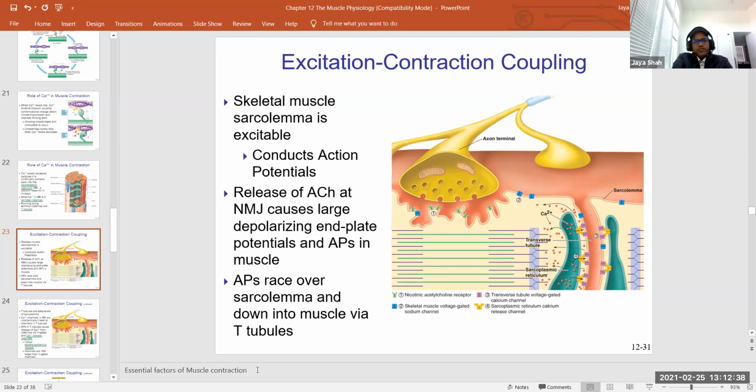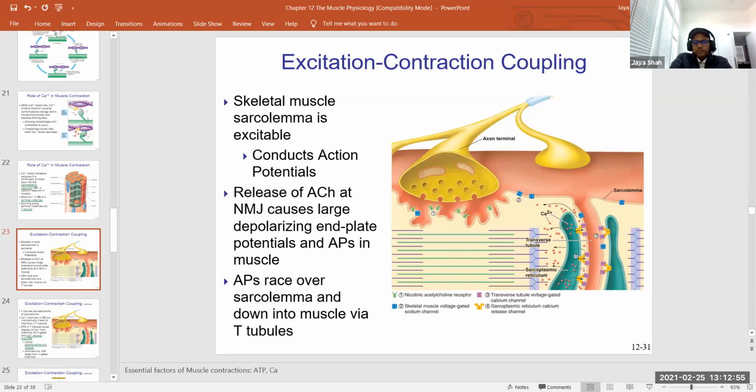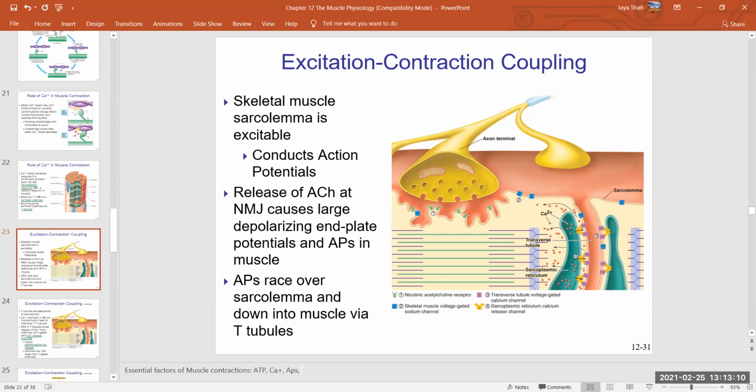Let's check the memory from the past. So you said ATP, one. Calcium ions, nervous stimuli, nervous system stimulation, action potentials, acetylcholine.